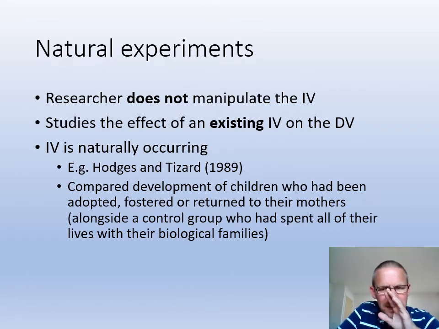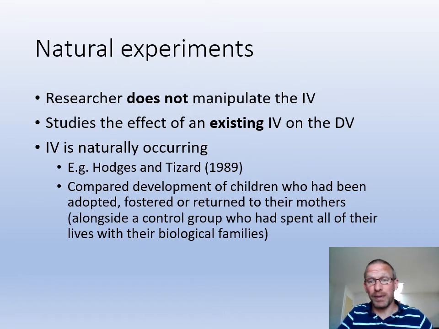Hodges and Tizard, I forget now if this comes up in attachment or maybe something in the second year, but they looked at different groups. It's all to do with the effect of institutionalization on development, and they had groups who had been adopted, fostered, returned to their mothers, or a control group who had always been in the biological family.